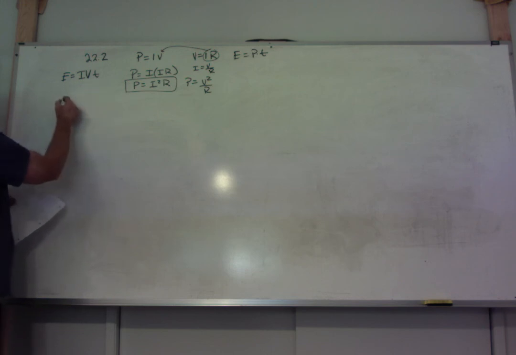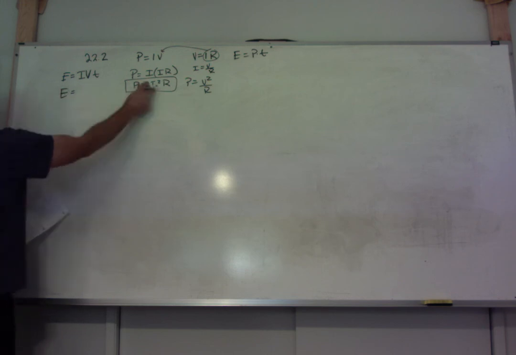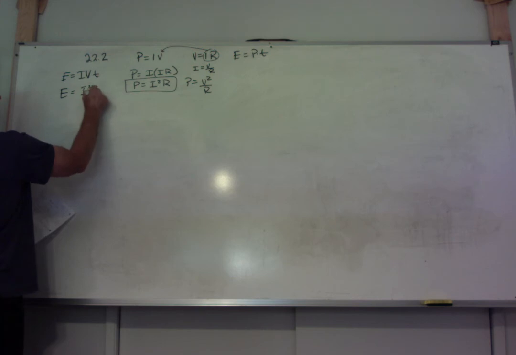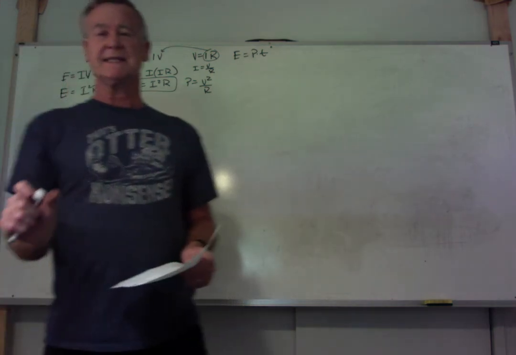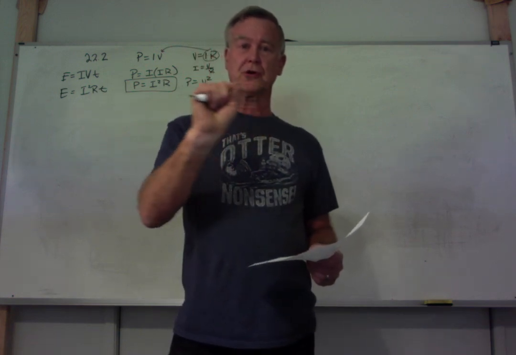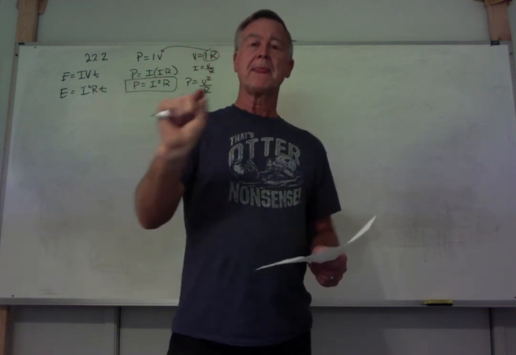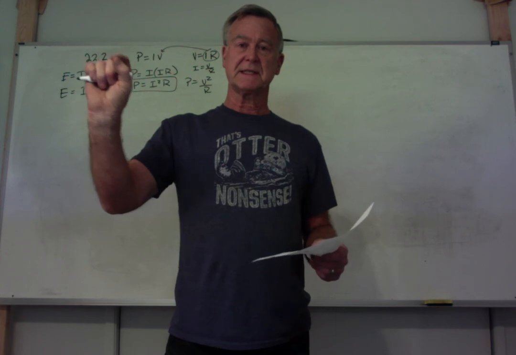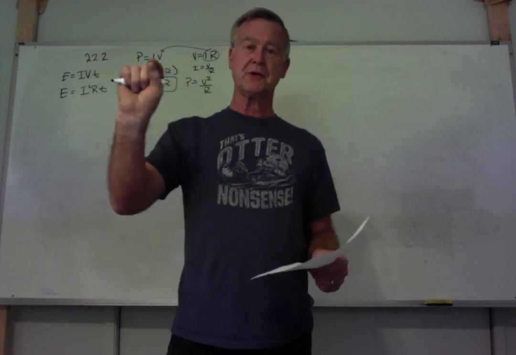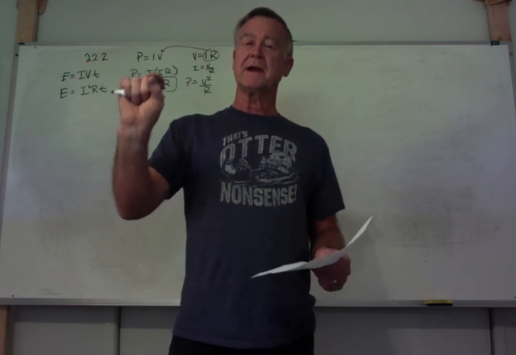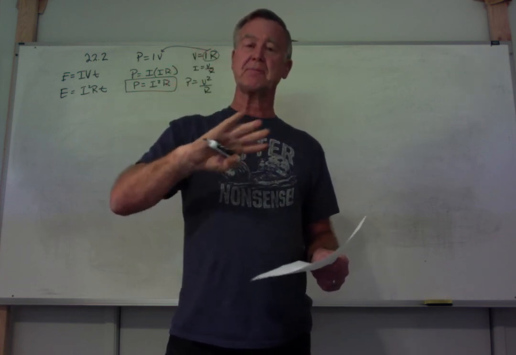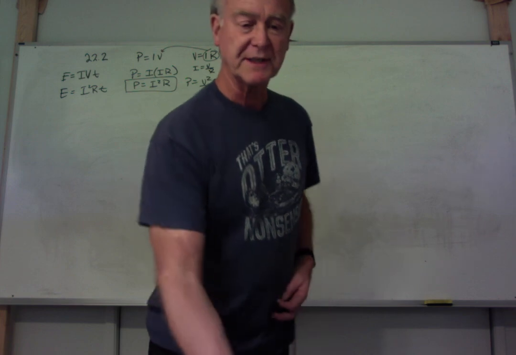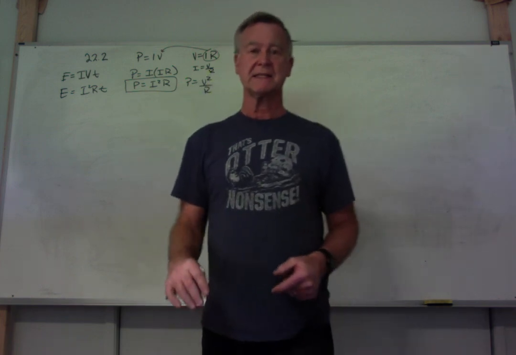But we could also use this equation, I squared R times T. In other words, if I send an electrical current through a wire, and that wire has resistance, and I send it through for a certain period of time, there will be energy used in that process. Most of the time, that energy ends up as heat.